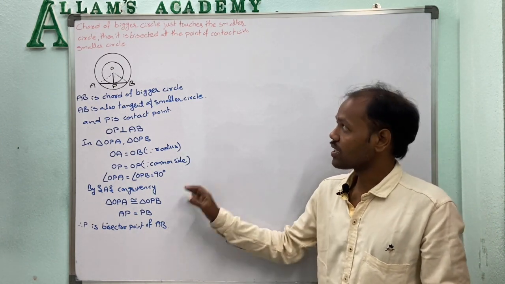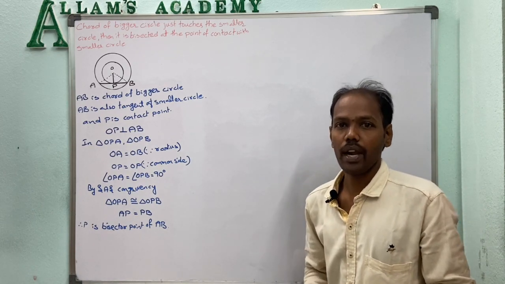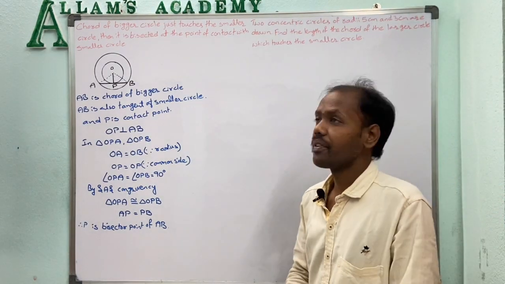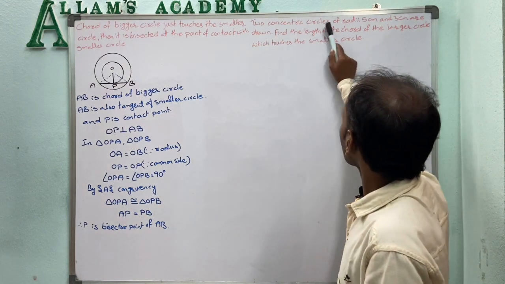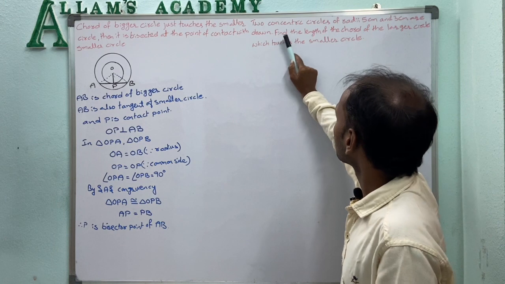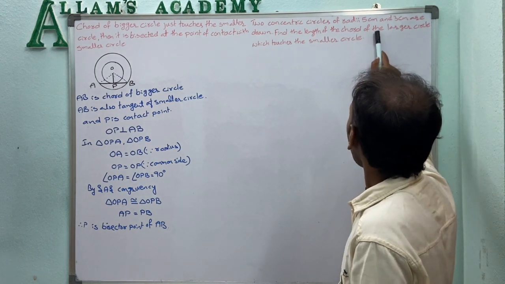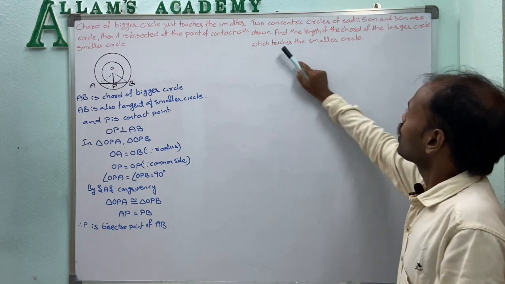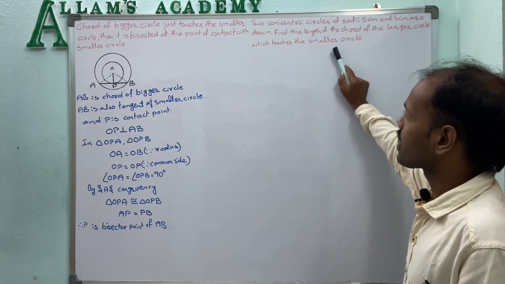Now by using this we solve a problem. The given problem: two concentric circles of radii 5 centimeters and 3 centimeters are drawn. Find the length of the chord of the larger circle which touches the smaller circle.